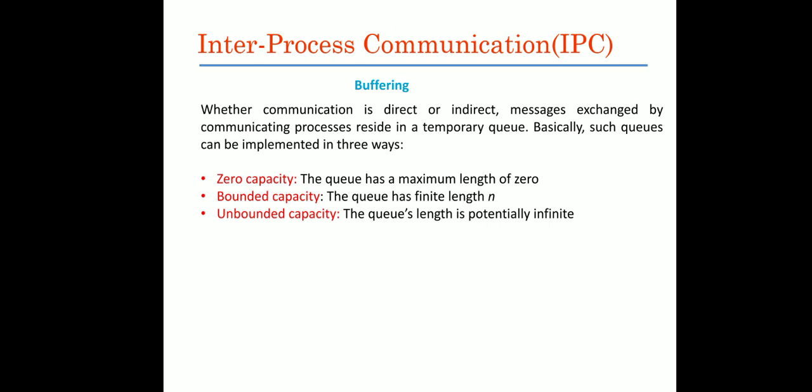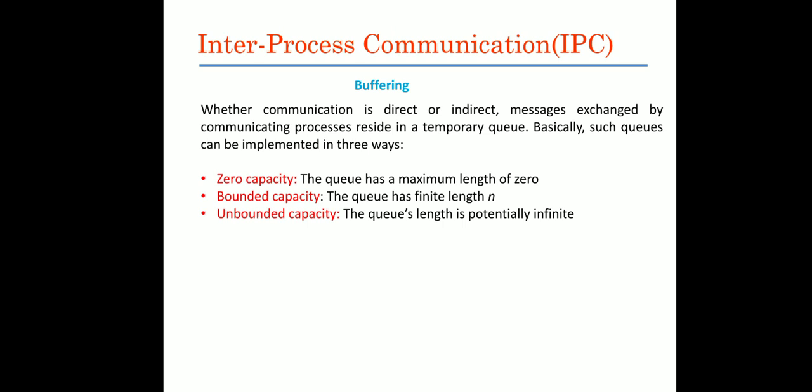Next is interprocess communication related to buffering. Whether communication is direct or indirect, messages exchanged by communicating processes reside in a temporary queue. Basically, such queues can be implemented in three ways. These queues are temporary memory.